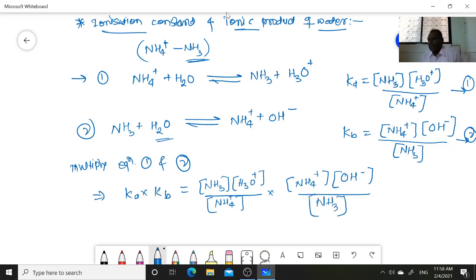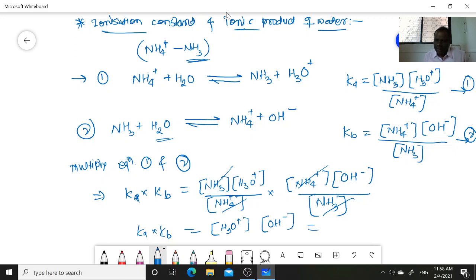Now this Ka into Kb is equal to the ionic product of water, Kw. Let's see: this NH3 and this NH3 will get cancelled, and NH4 plus and this NH4 plus will get cancelled. Ka into Kb is equal to what is remaining, that is H3O plus into OH minus.